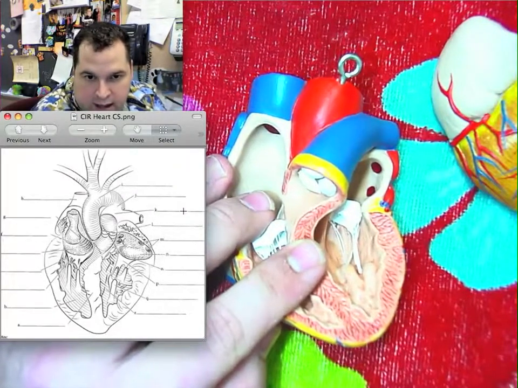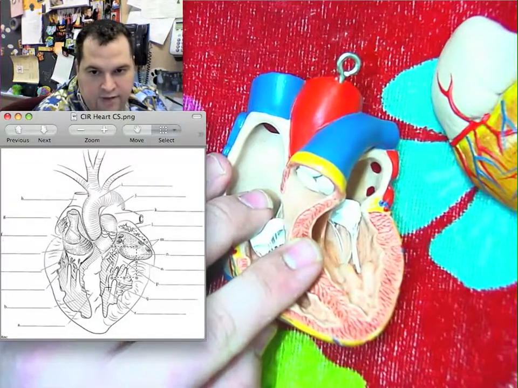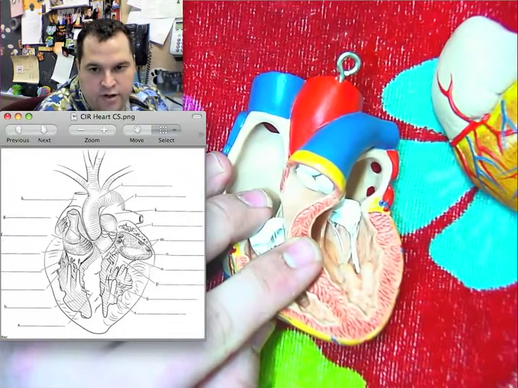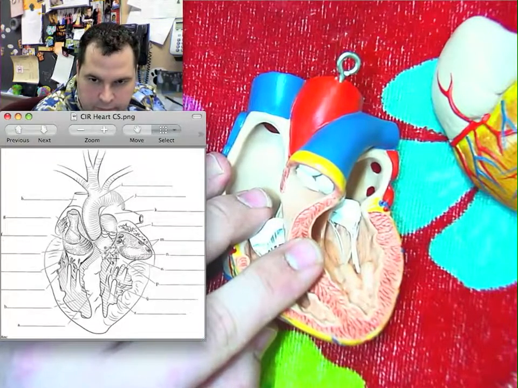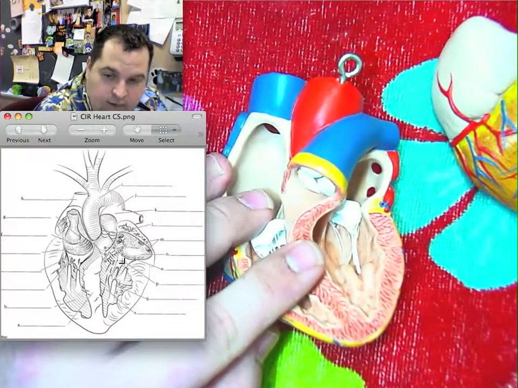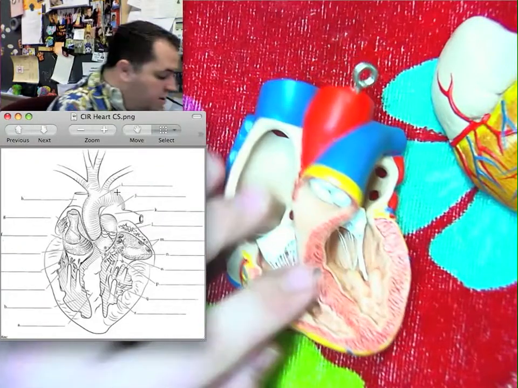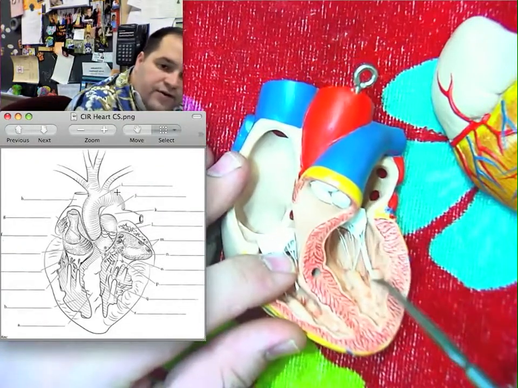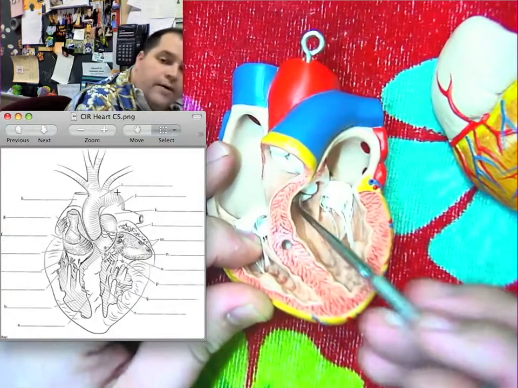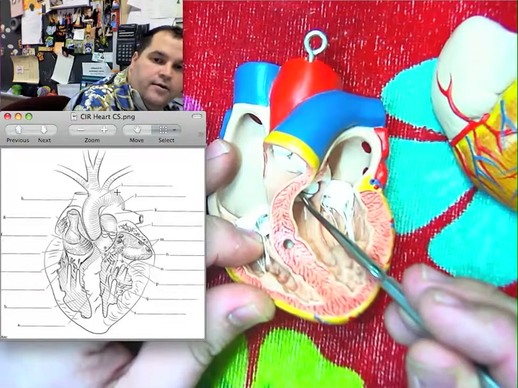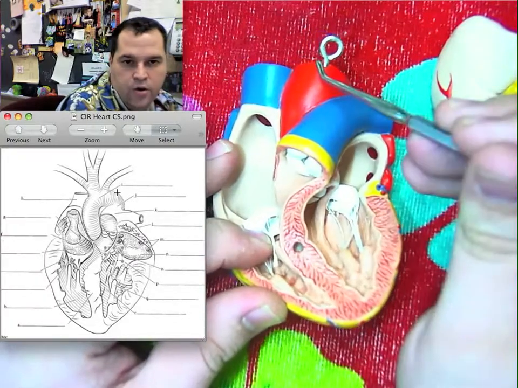Then we've got our left atrioventricular valve, and then our left atrium, and we can barely see it, but right here, that is the aortic semilunar valve, which is going to this large branching structure, which is the aorta. So we have the left ventricle, the aortic valve, and then we've got the actual aorta itself.